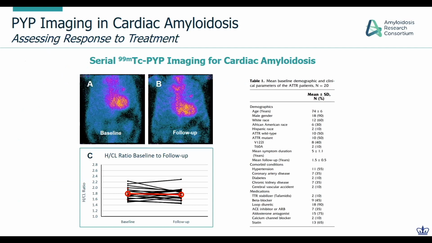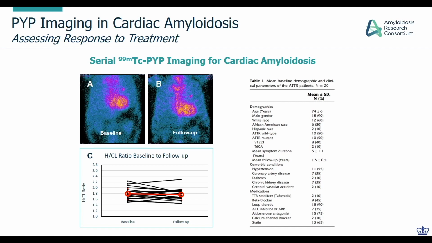About 6-7 years ago, we did a serial imaging study. In this study, we had a very small number of patients. We had 20 patients total. 10 were wild type and 10 were mutant. And out of those, 8 were V122I and 2 were ALA60 mutation. We repeated the scan about 1.5 years later in these patients.